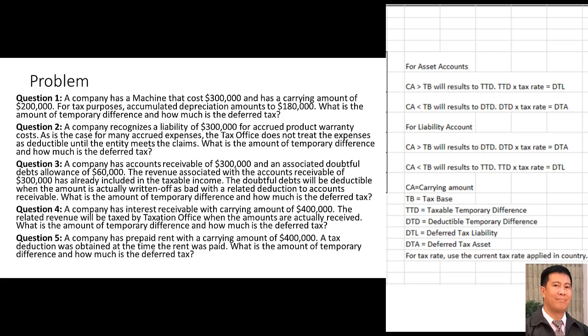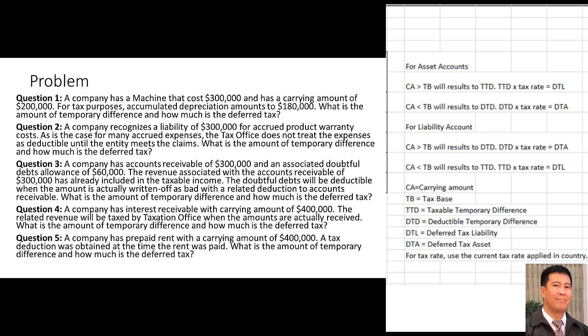If the carrying amount is less than tax base, that will result in deductible temporary difference. If you want to refer to that one, you can watch the recorded lecture on the explanation of taxable temporary difference and deductible temporary difference.